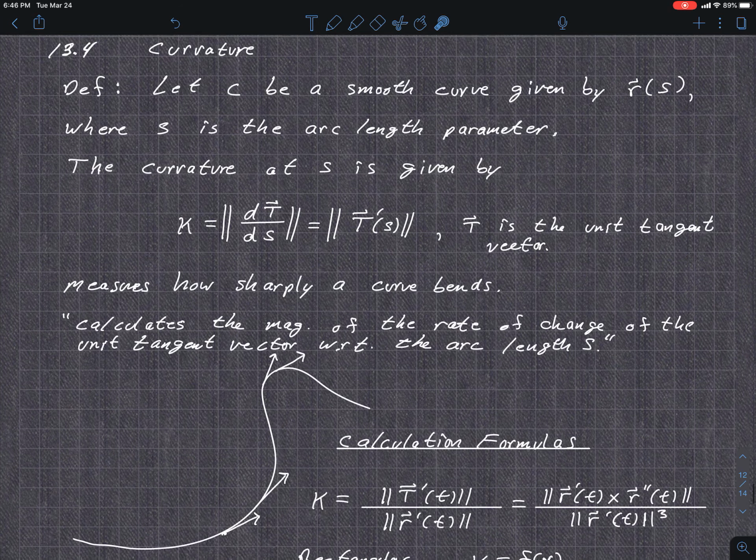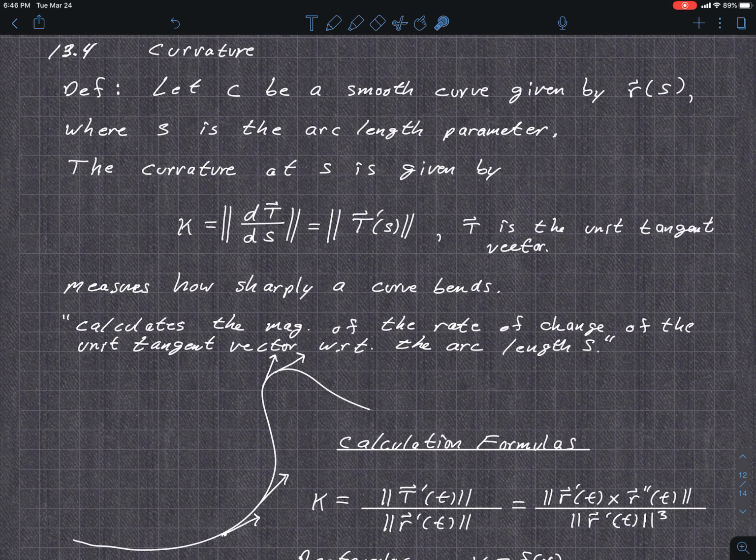Let's move on to 3.4 on curvature. Basically this is the definition. C is a smooth curve, and notice it's r of s. So you have s here, not just t, where s is the arc length parameter. The curvature is given by the magnitude of dT/ds.